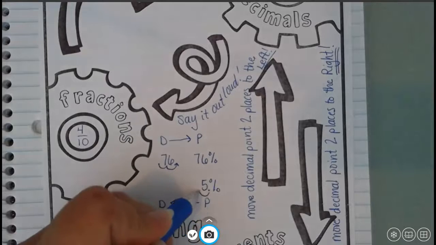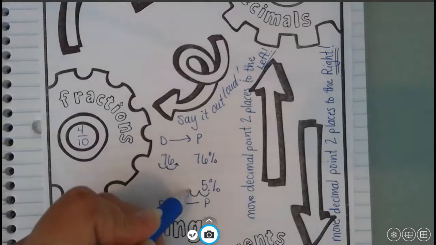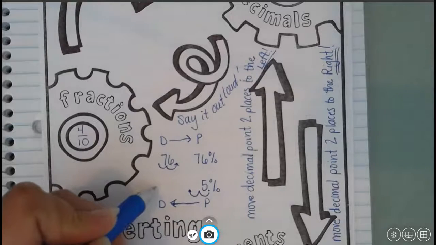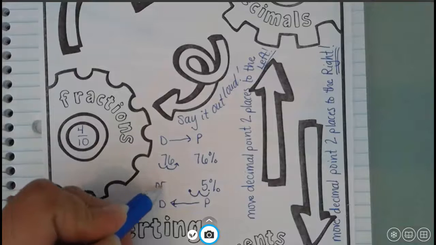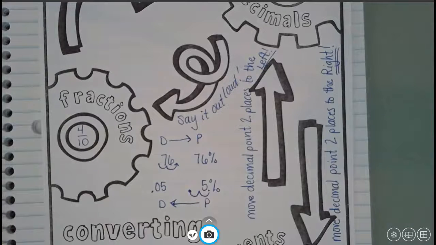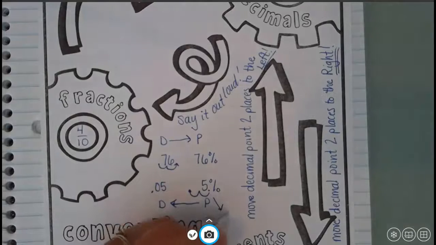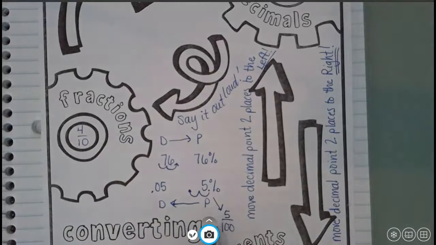I'm going to move it 1, 2, and now it sits here. So the new answer becomes 5 hundredths. So when we think of this, going one step farther, this is 5/100 because it's saying 5 hundredths. 5% is just 5 out of 100. Okay? All right.